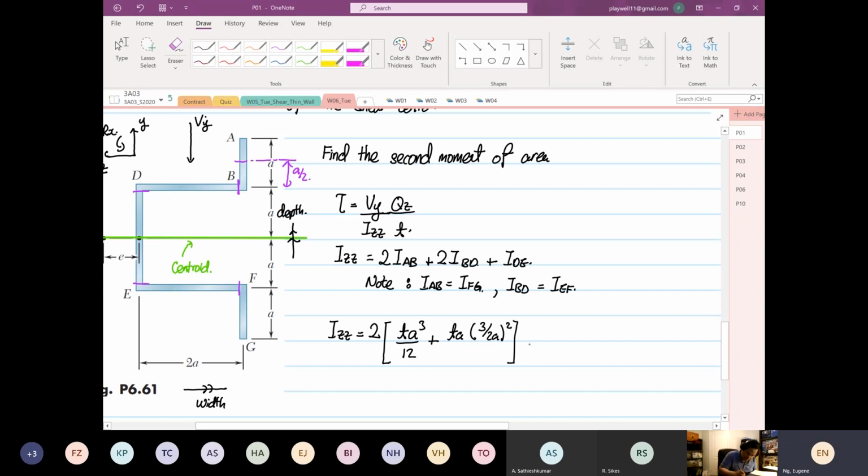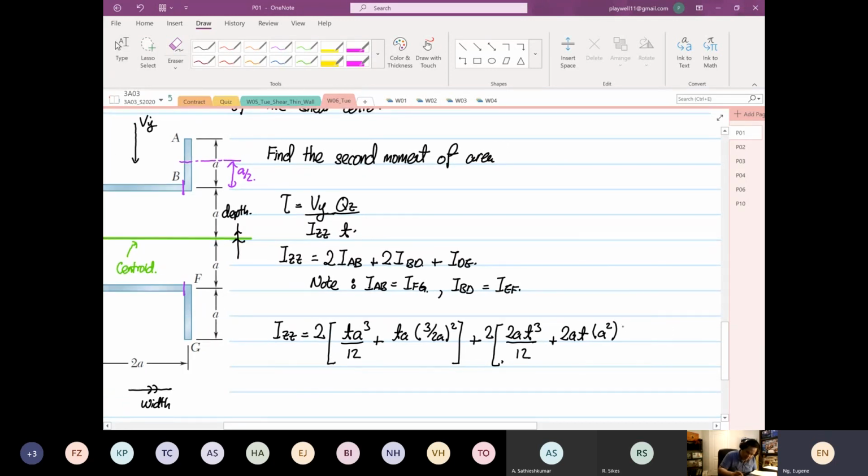Then plus twice again IBD. So the width is 2A, the depth is T cubed over 12, right? Then plus 2AT, the area multiplied by the distance from the centroid to the individual section centroid.